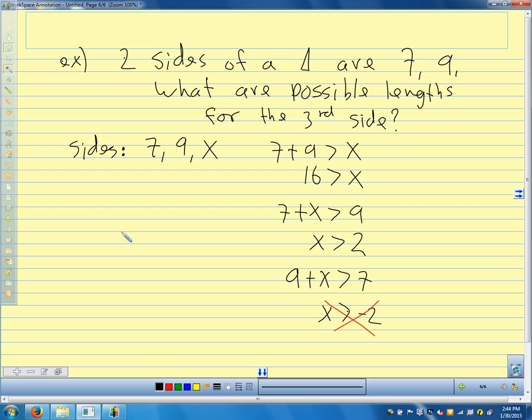So this says X is between 2 and 16. So if X is between 2 and 16, we can make a triangle with those side lengths. The other way we could write that is 2 less than X less than 16.